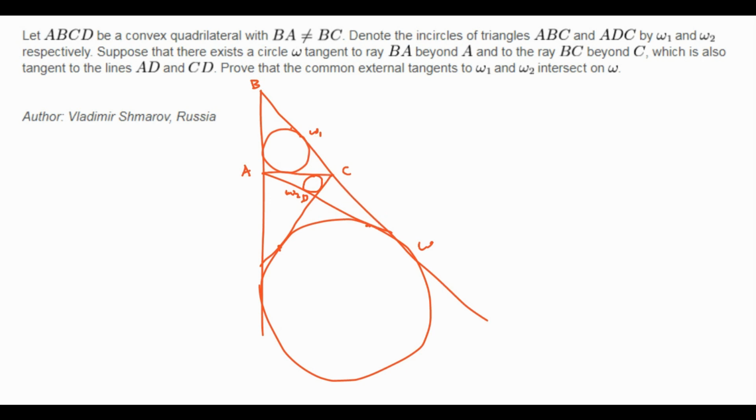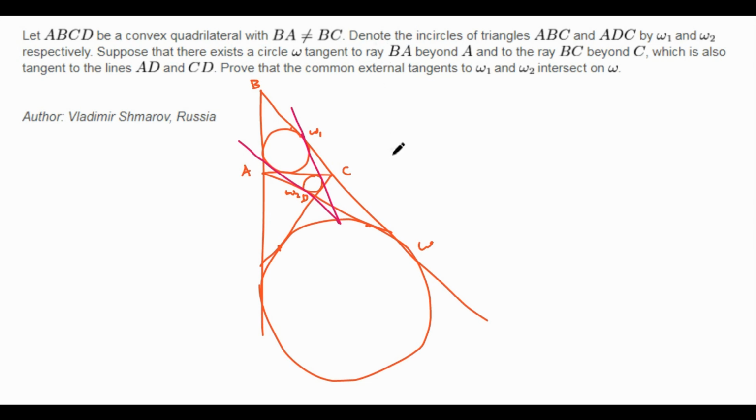Prove that the common external tangents of omega 1 and omega 2 intersect on omega. So these intersect as so. And we want to show that these two lines intersect on omega.